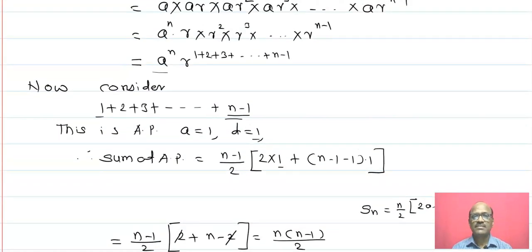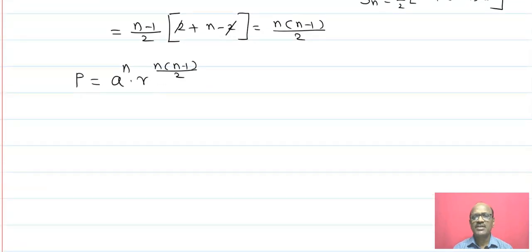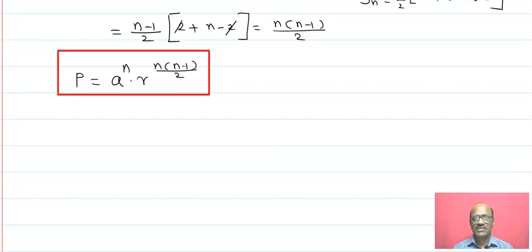Therefore, this is the product, and it comes to A raised to n into R raised to n in bracket n minus 1 upon 2. This is the product.